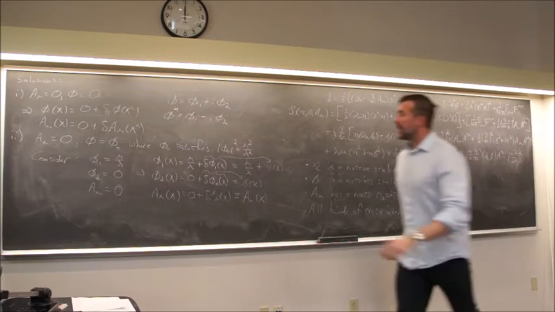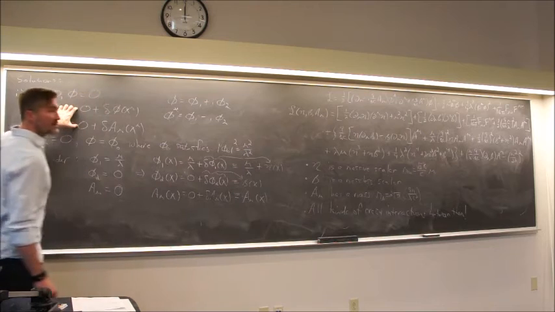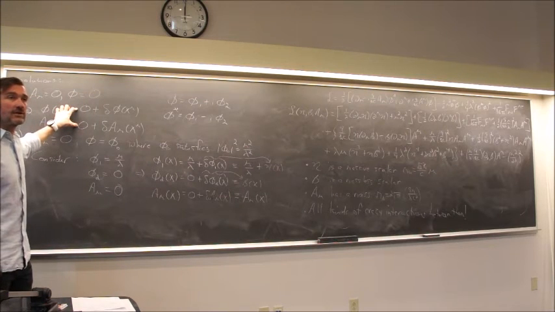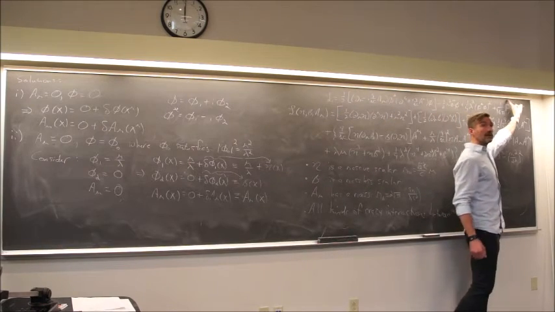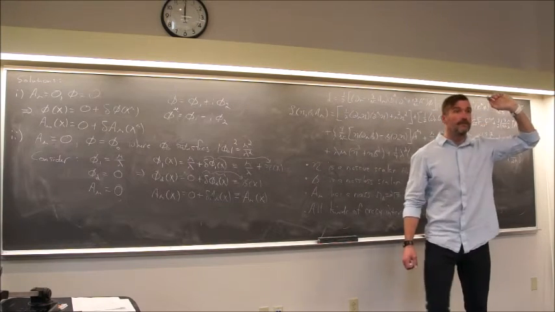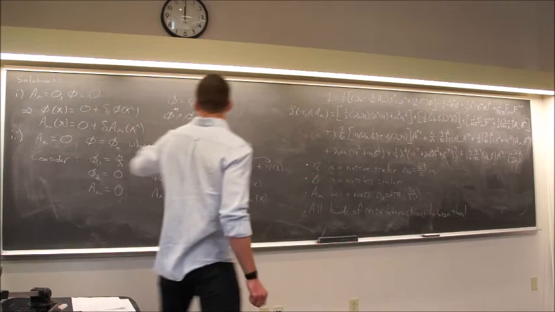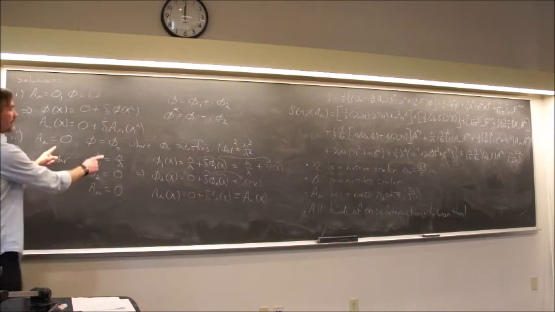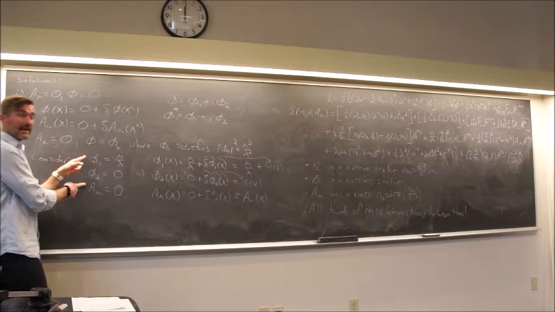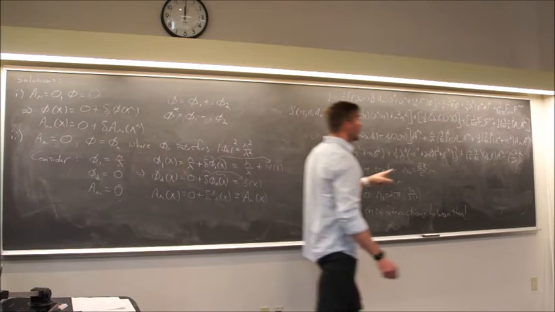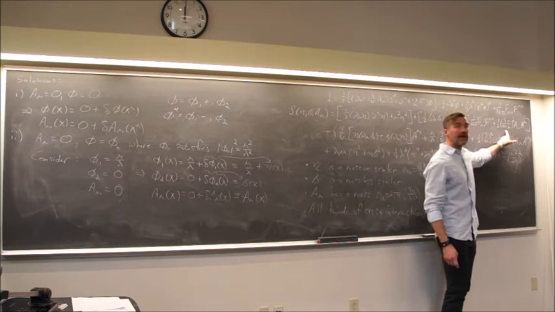And if I stick to trivial solutions to the equations of motion, this is the same Lagrangian I'm going to deal with. I would still have a massless gauge field. But by allowing myself to consider this non-trivial solution as my background, suddenly the gauge field has a mass.